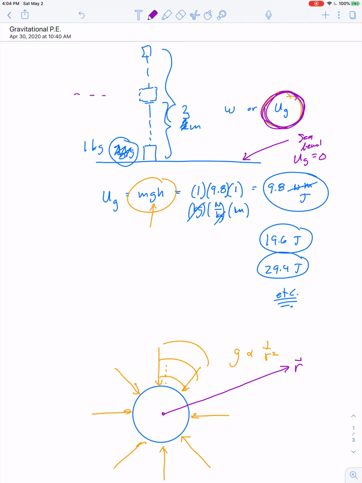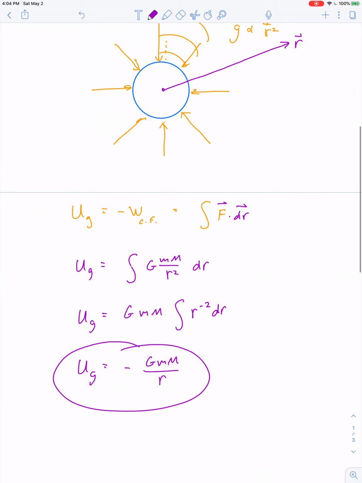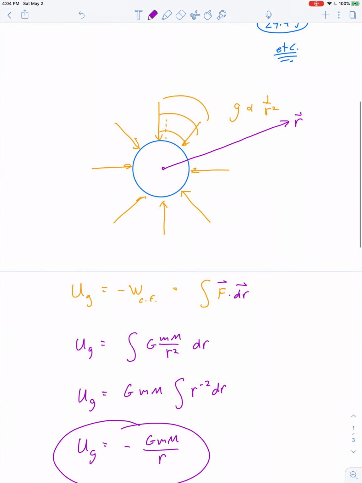So if I were to ask you what would be the speed of the block if we started it from a height of 1 meter and then let it go and fall back to the floor, well, regardless of whether or not you set the floor as the reference level or the release point as the reference level, you'll still find the same speed. You're not going to say kinetic energy is equal to potential energy. You're going to say that the kinetic energy when it hits the floor is equal to the change in the gravitational potential energy. So knowing that we can put a reference point anywhere we want to, how about this?